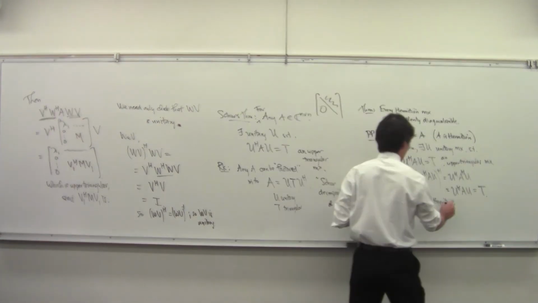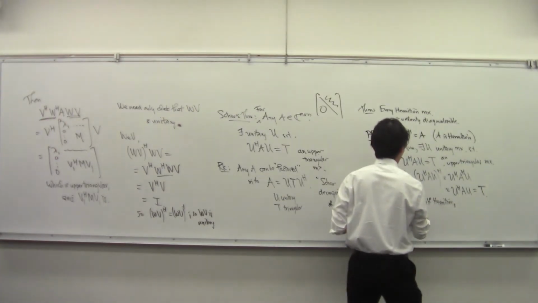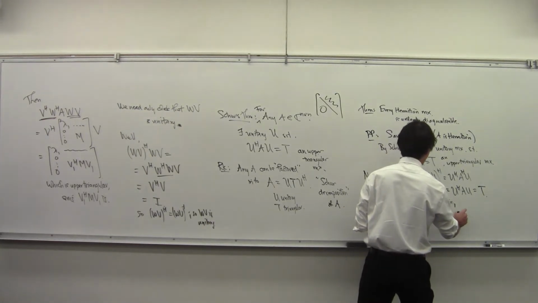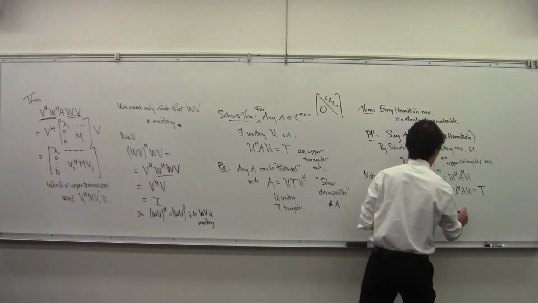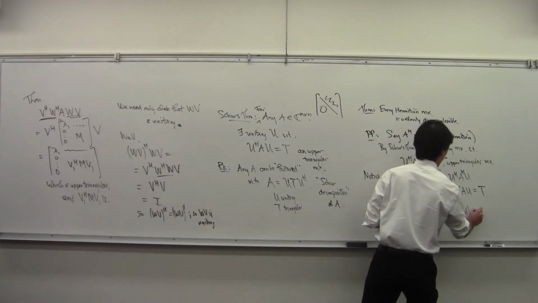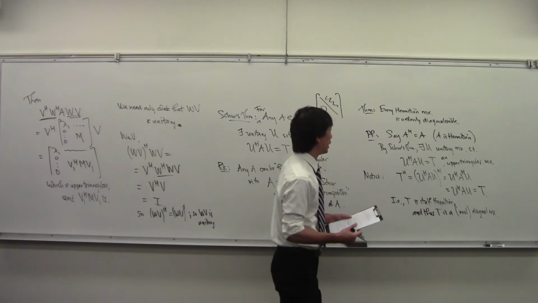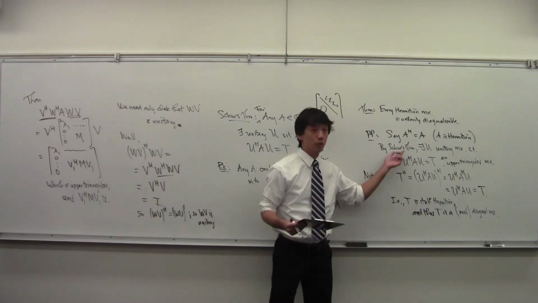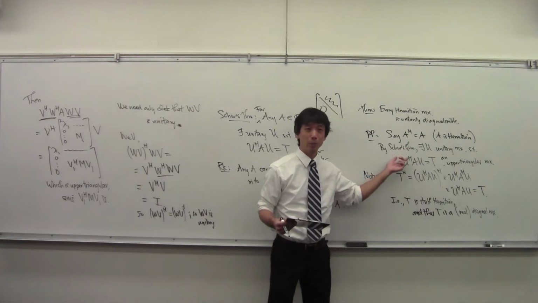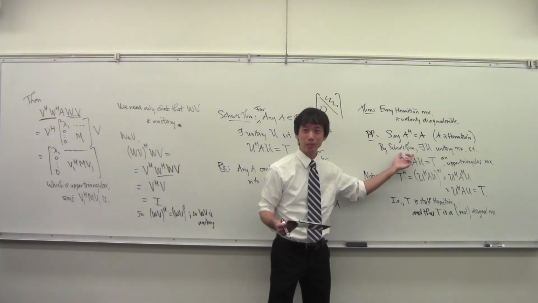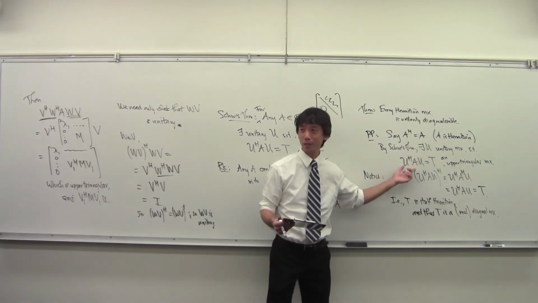And thus T is a real diagonal matrix. So Schur's unitary triangularization actually resulted in a unitary diagonalization.